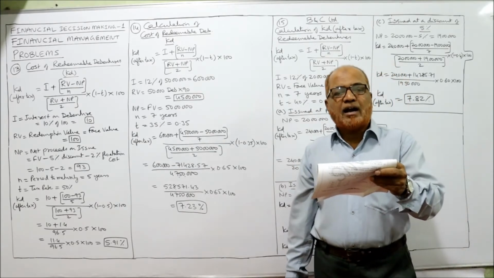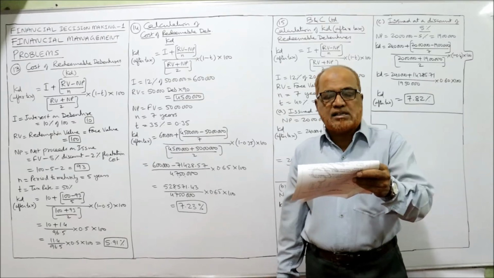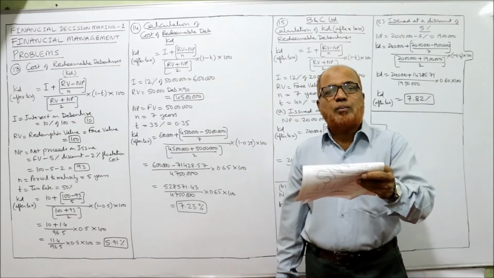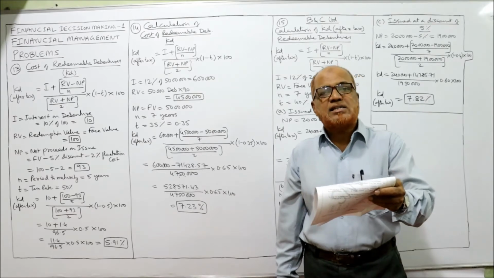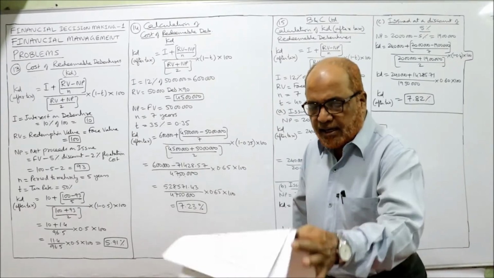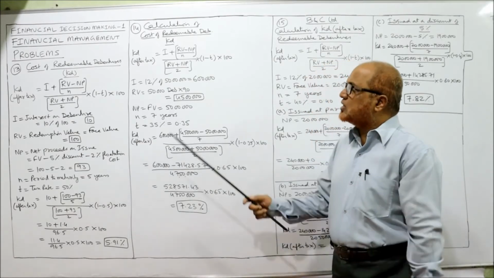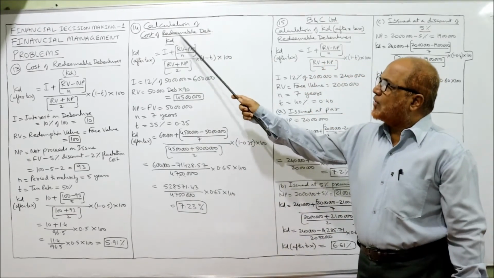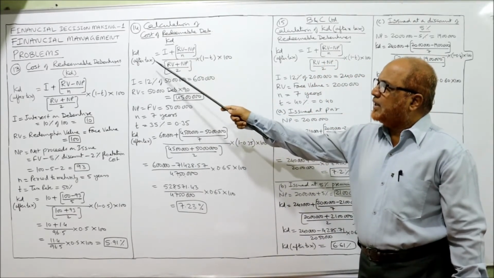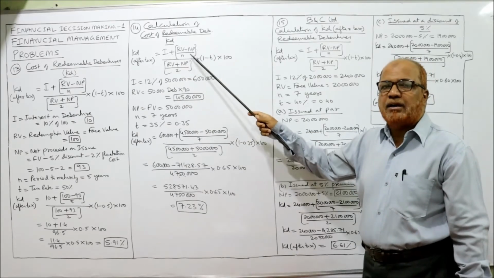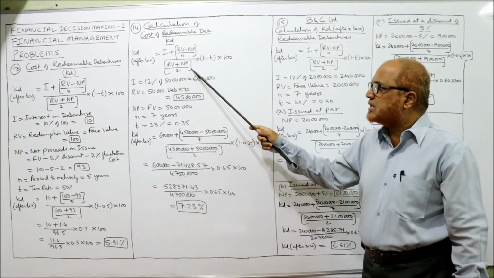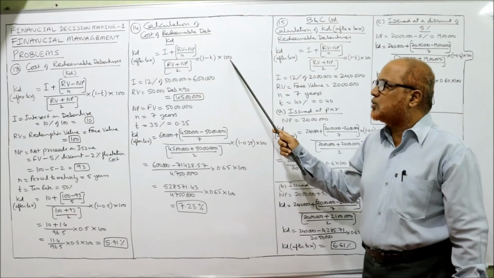So NP 50 lakh, RV 45 lakh, N is equal to 7, T is equal to 0.35, and interest 12% of 50 lakh, 6 lakh. That's it. Again, we have to calculate KD after tax, just like the previous one. Calculation of cost of redeemable debt, KD after tax: (I plus (RV minus NP) divided by N) divided by ((RV plus NP) divided by 2) into (1 minus T) into 100.